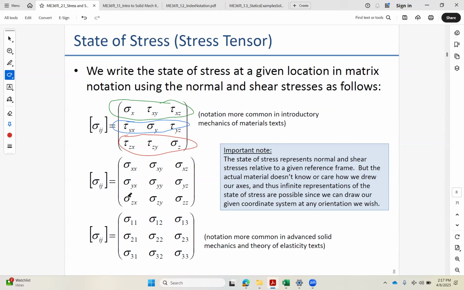First subscript is the face, and second subscript is going to be our direction. So those are three different ways of writing the same thing. It just depends on what book or text you're looking at as to what they use for the shears, whether it's tau or sigma. But the subscript will tell you the whole story, where you are and what way to point the arrow.